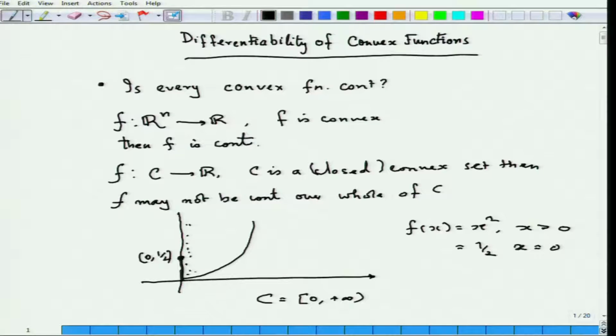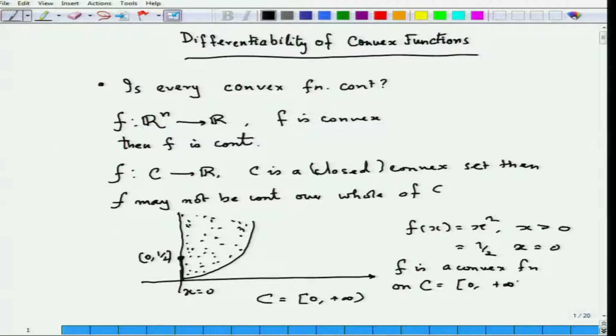This function is discontinuous at x equal to 0, but if you look at the epigraph of this function, the epigraph of this function is obviously convex. The epigraph is obviously a convex set. So, it is very clear that f is a convex function on C equal to 0 to infinity, but is not continuous.